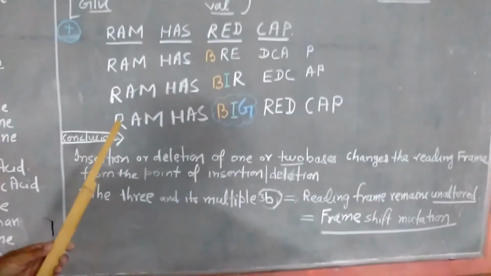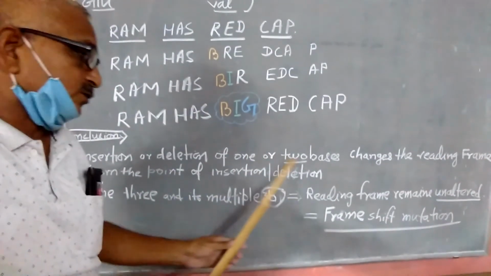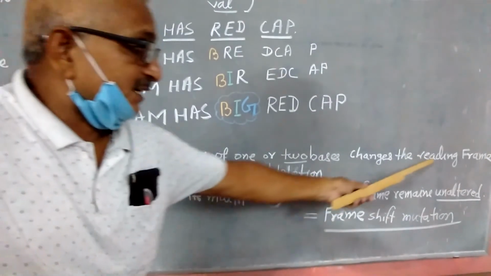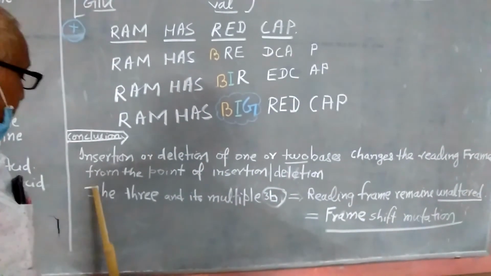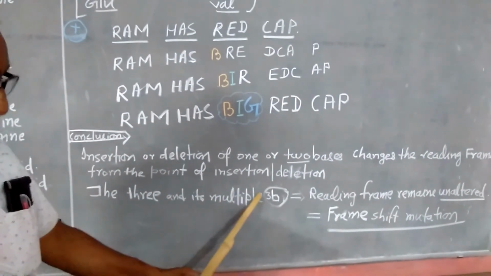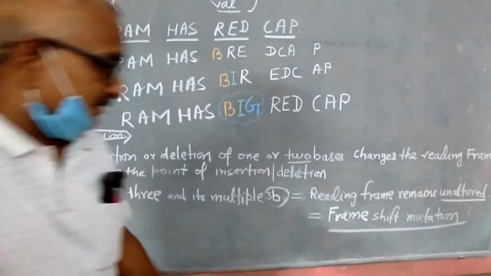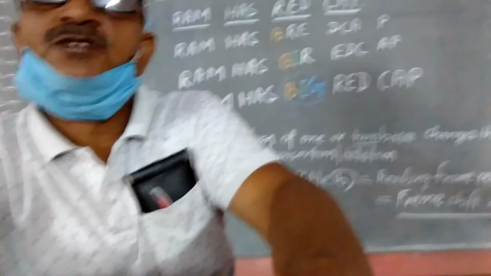We can conclude that insertion or deletion of 1 or 2 bases changes the reading frame. The whole frame is changed. But with insertion or deletion of 3 bases or multiples of 3, the reading frame remains unaltered. Such mutations are called frame shift mutations.